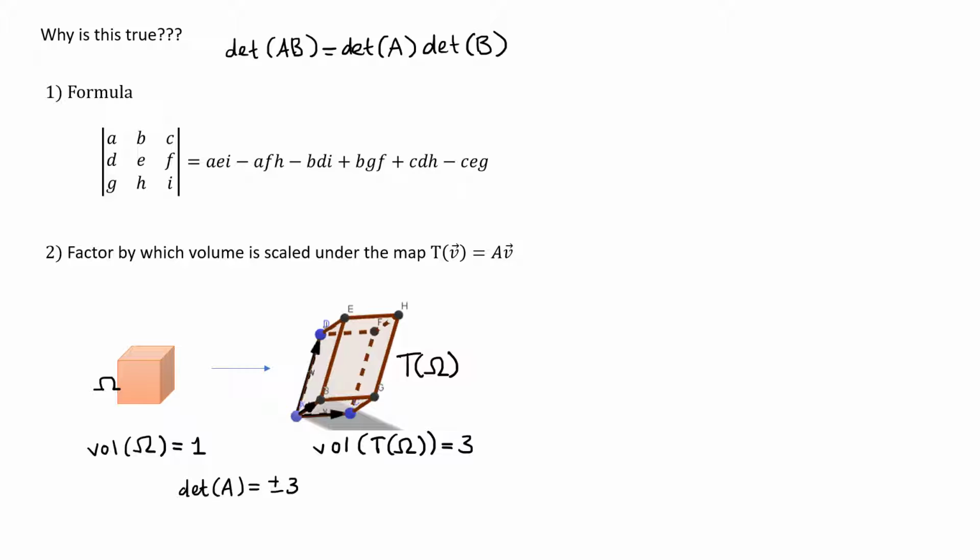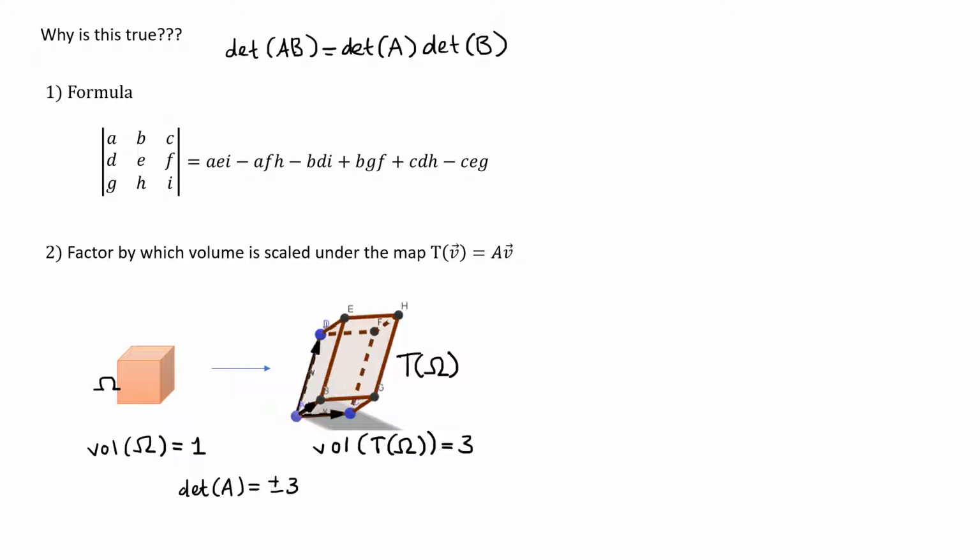So we started out with something with volume 1. We produced something that has volume 3. So we're going to say that the determinant of A has size 3. The sign is based on orientation of vectors under this map, but the size of the determinant just tells us how much we get scaled.